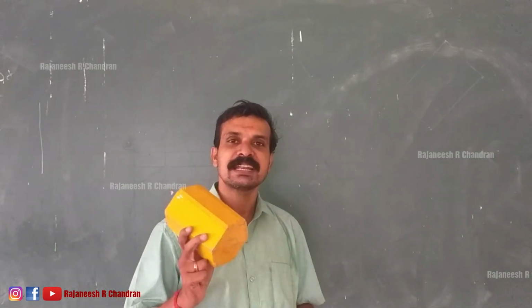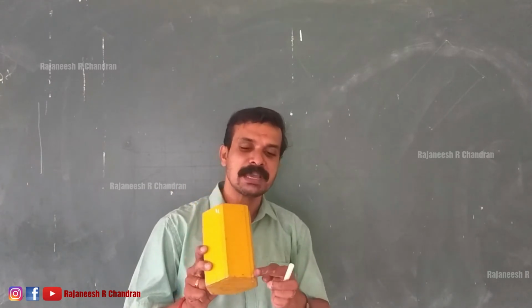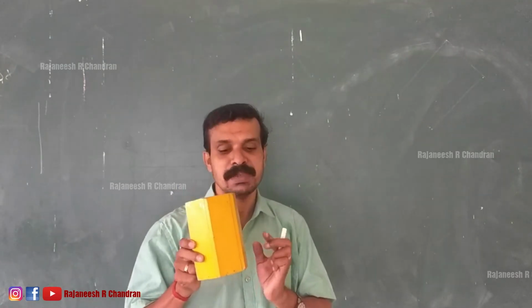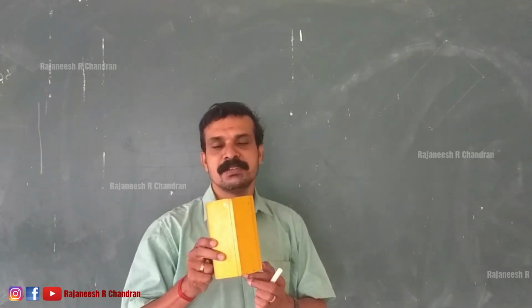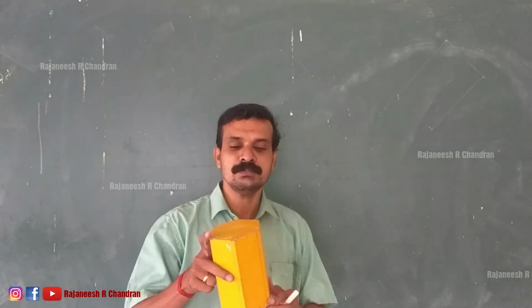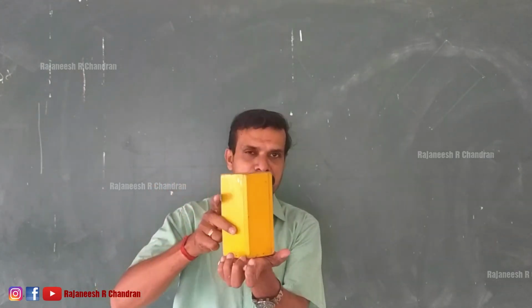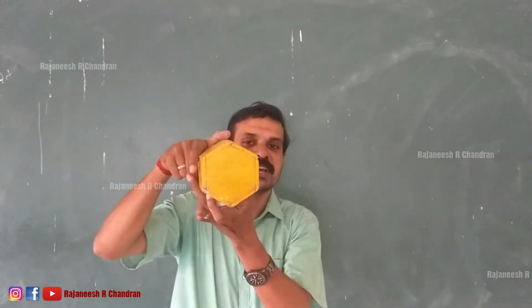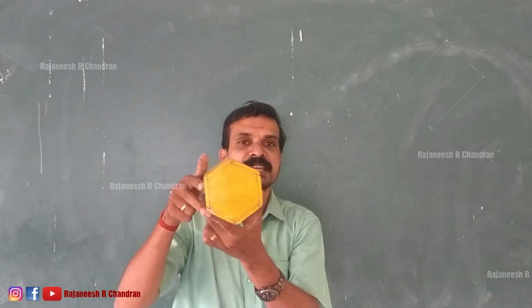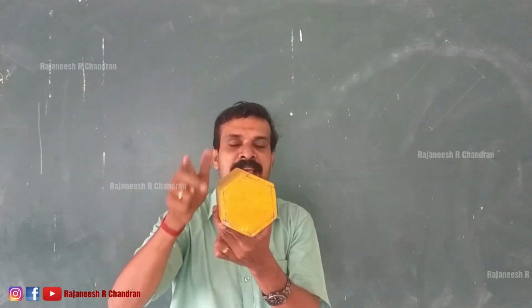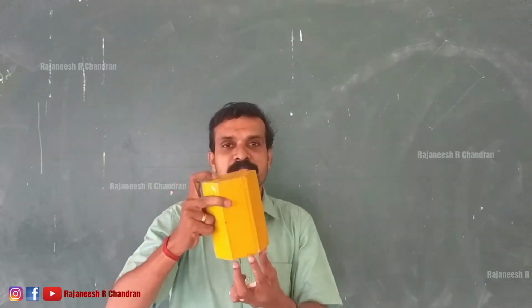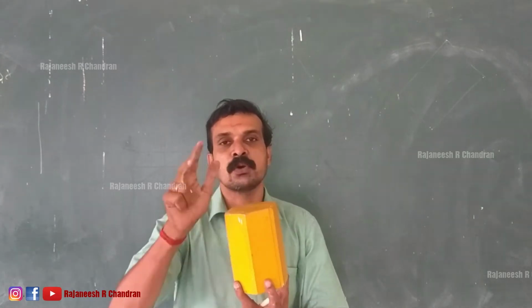See, this is the problem. A hexagonal prism of base edge 20 mm and height 60 is placed on HP, or placed on the ground, with one of its base edges. Which means in the top view, the simple position, you can see the hexagon with one of its base edges on the right side.